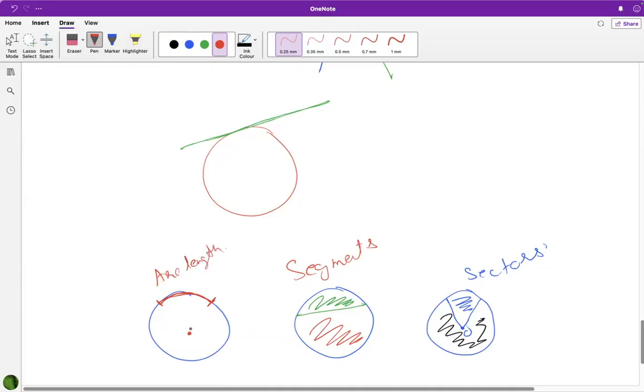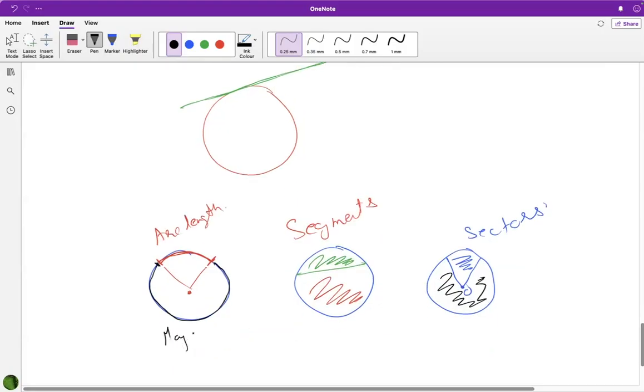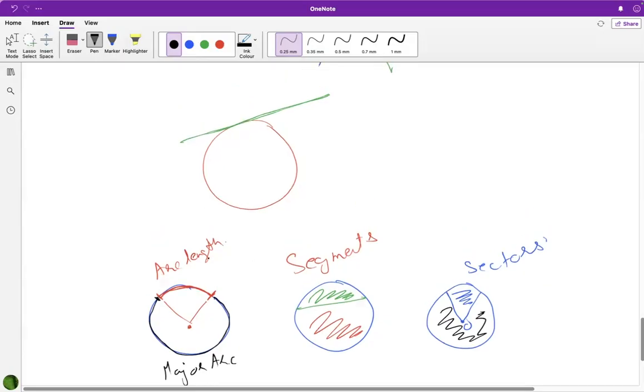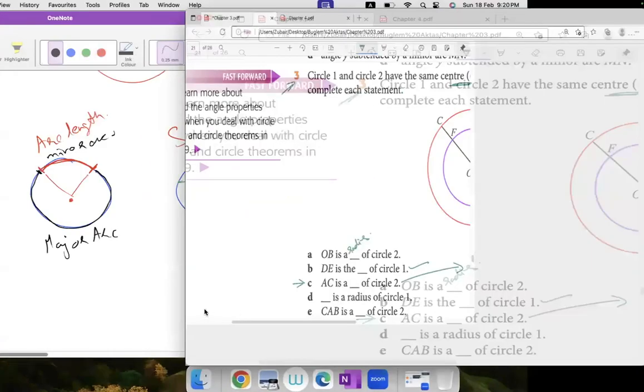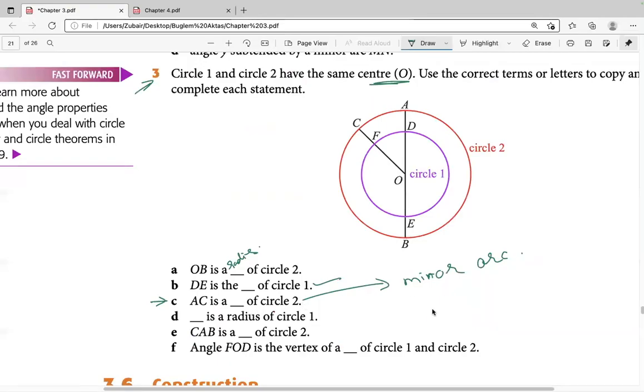In this case, this is the minor arc. And on the opposite side, if I mark it in black, that is the major arc. So AC is the minor arc of circle 2, D part.